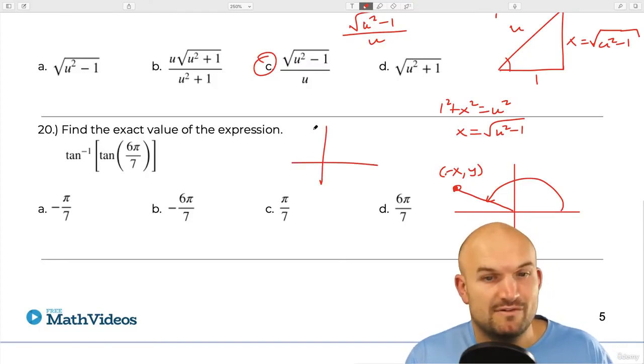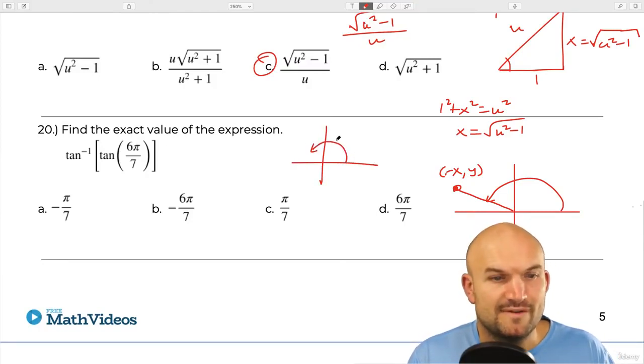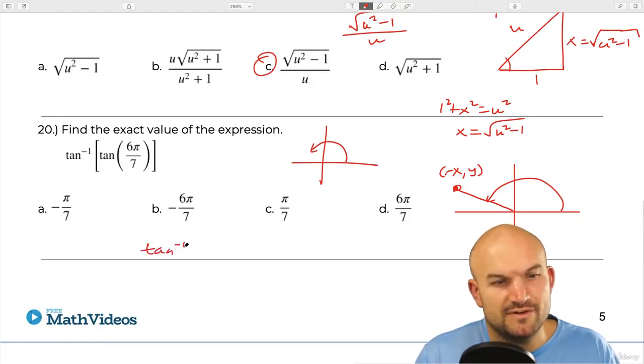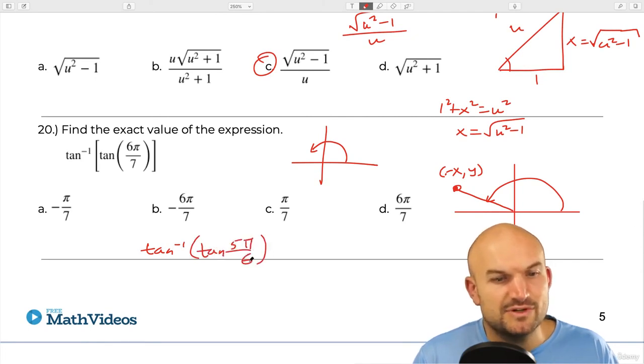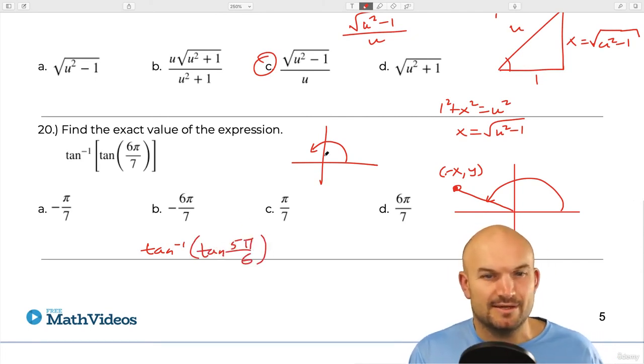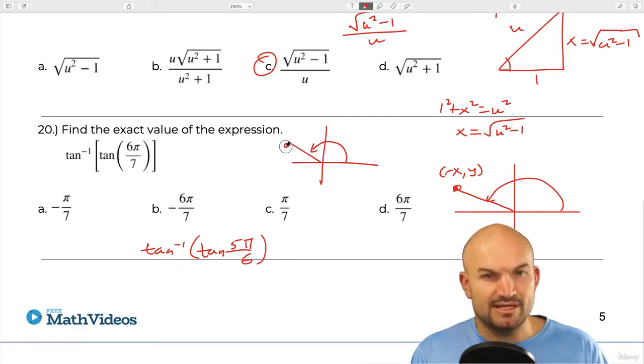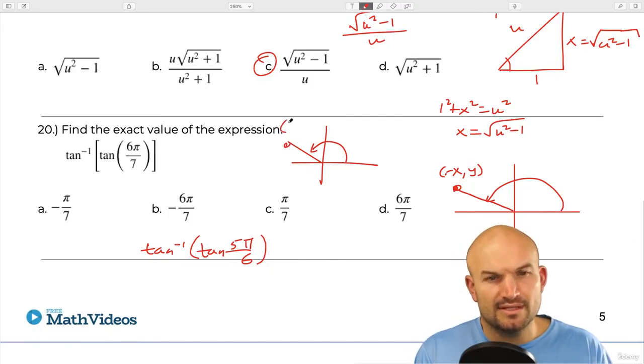Let's do 5 pi over 6. That's something very similar, right? So what if I change this problem to tangent inverse of tangent of 5 pi over 6? And sometimes when you're trying to understand these problems, it just makes sense to use numbers that you do know. So tangent of 5 pi over 6, that is, let's see, negative square root of 3 over 2 comma 1/2.